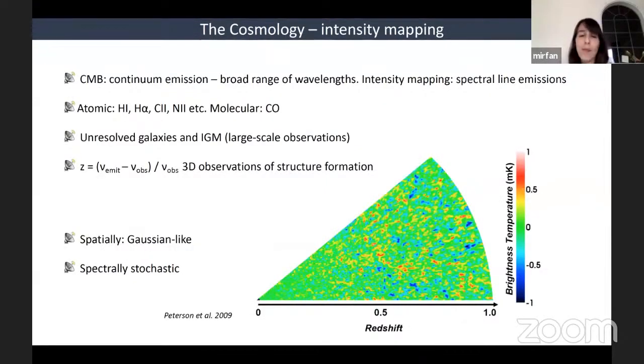So the next cosmological signal of interest, so to speak, that's going to be obscured by these foregrounds, is... I'm going to talk about the technique first before I talk about the signal, because it's quite a broad range of signals actually, but the technique is called intensity mapping. So with CMB, we've been talking about continuum emission over a broad range of wavelengths, but with intensity mapping, it is spectral line emission.